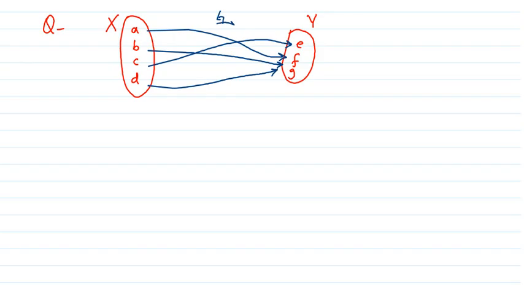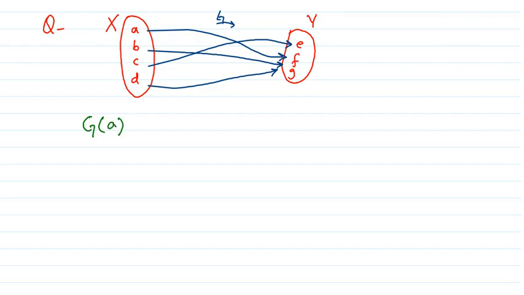But here you can see that G of A equals G of B equals G of D, all being mapped to F, right?